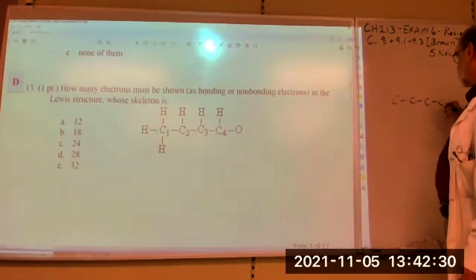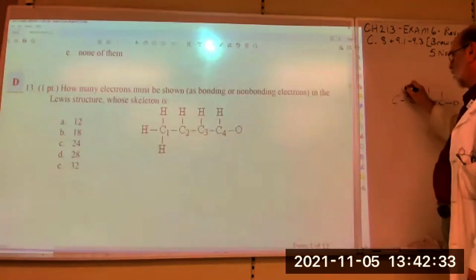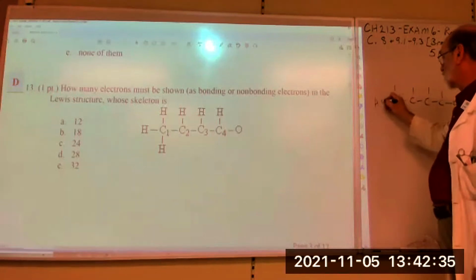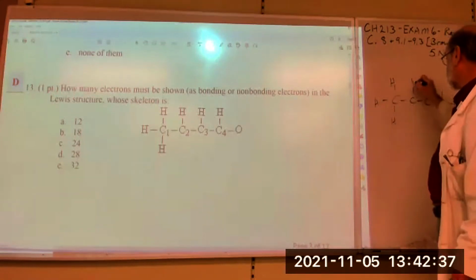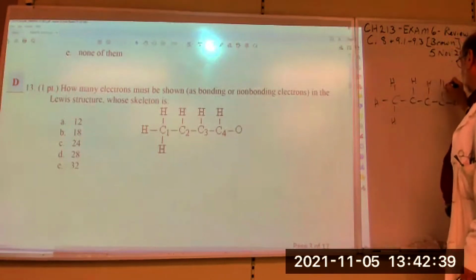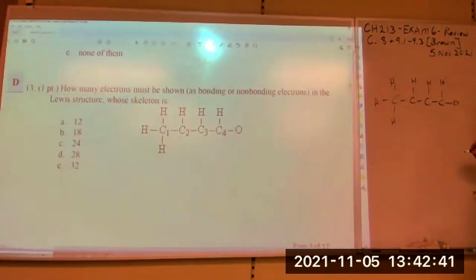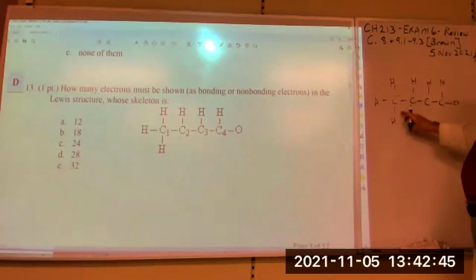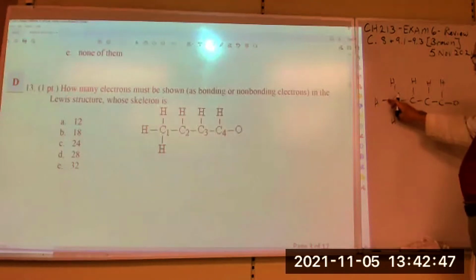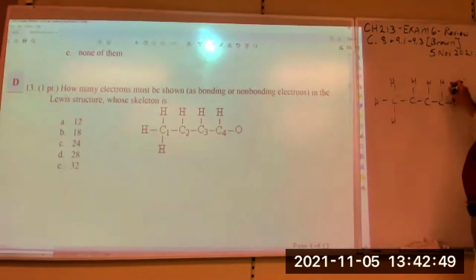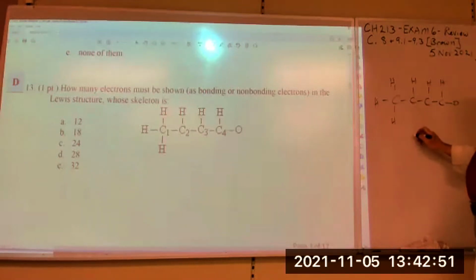With an oxygen here, and hydrogens. Okay. Now we can draw the Lewis dot structure. Let's see. 1, 2, 3, 4, 5, 6 hydrogens, 6 electrons.